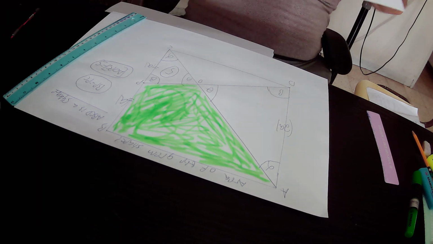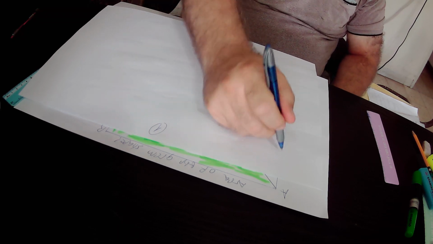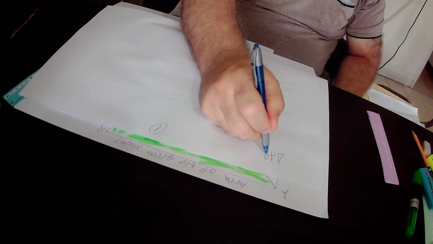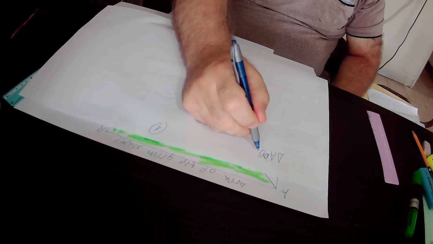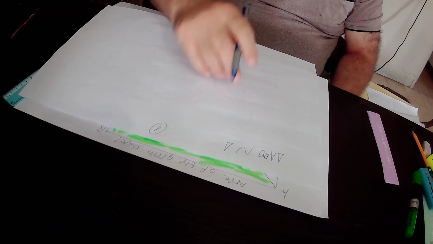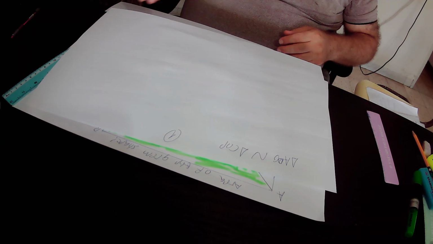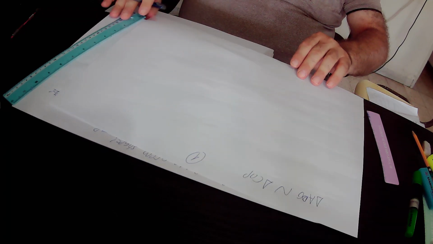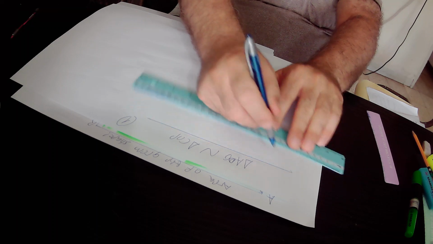We just found out that the big triangle ADO is similar, this is the sign of similar, to the small triangle COP, according to the angle similarity rule.